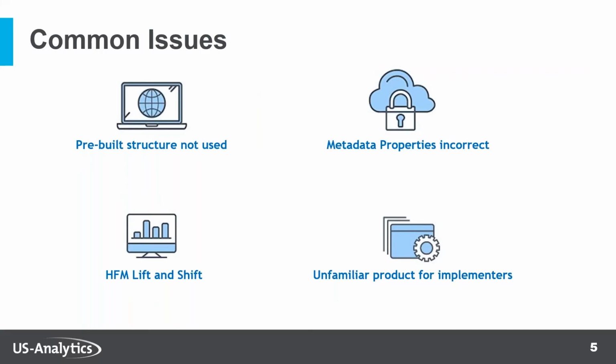To start off, let's talk real quick about some of the common issues we've been seeing with these early implementations. When it was first introduced, it was a new technology to everyone really. So implementers were a little bit weary of using the FCCS pre-built hierarchy structure, and that's not limited to any one dimension. There are 11 seeded dimensions, and now they allow for 4 customs.